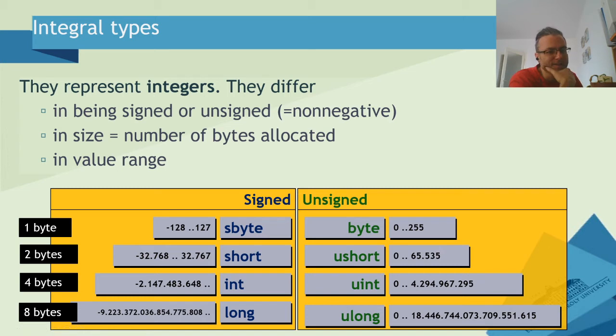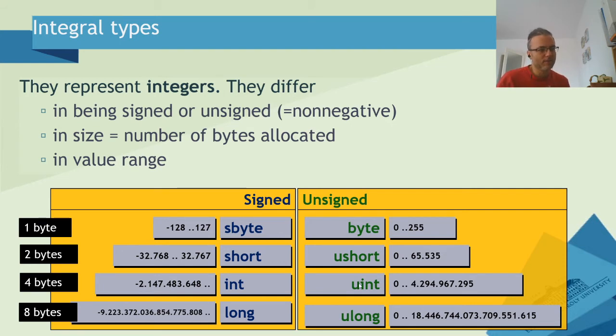Thank you, Oleg. Yeah, basically, it's 2 to the power of 8 squared, which is equal to 2 to the power of 16, since in 2 bytes you have 16 bits. Okay, great.